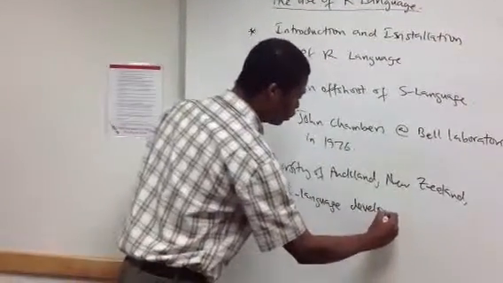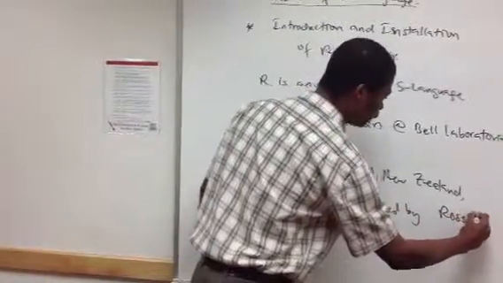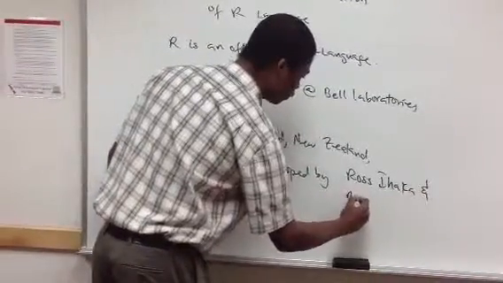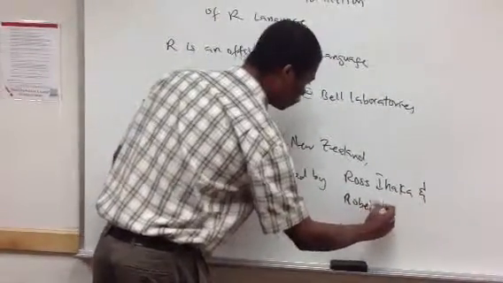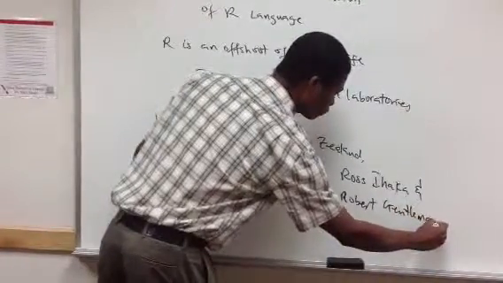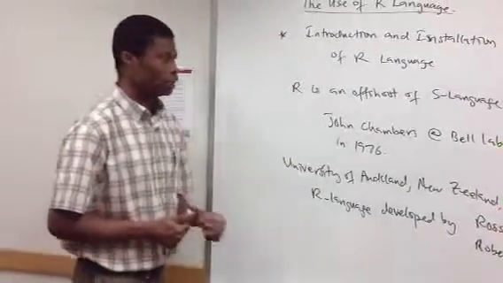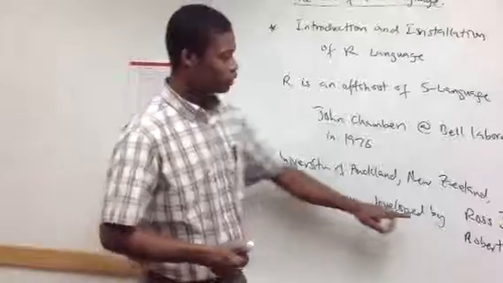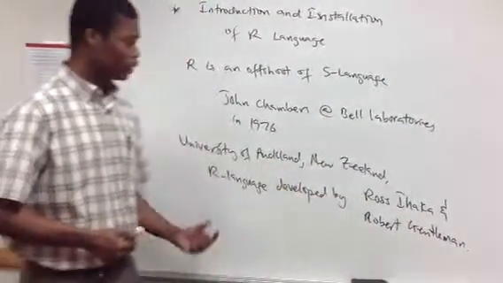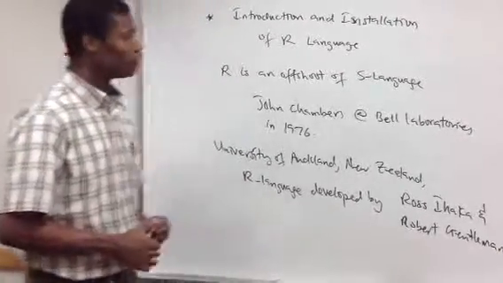The R language was developed by Ross Ihaka and Robert Gentleman at the University of Auckland, New Zealand. It was called R because both of their first names start with R. So they called their own version of the S language the R language.